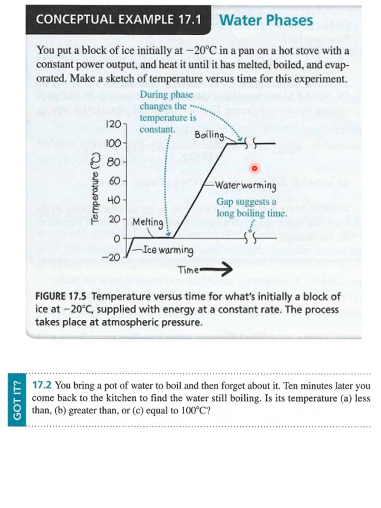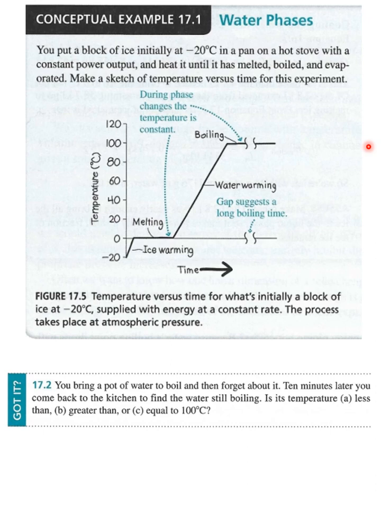They've drawn this little break right here to show it actually extends probably beyond what the page allows. During the phase changes, the temperature is constant. And eventually, way down here, probably off the page, once it's all gas, there's no more liquid water, then the temperature will go up.